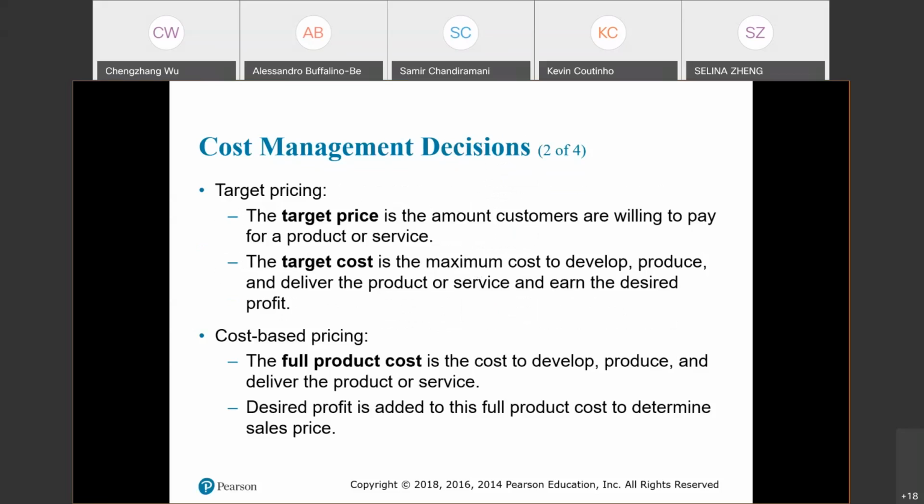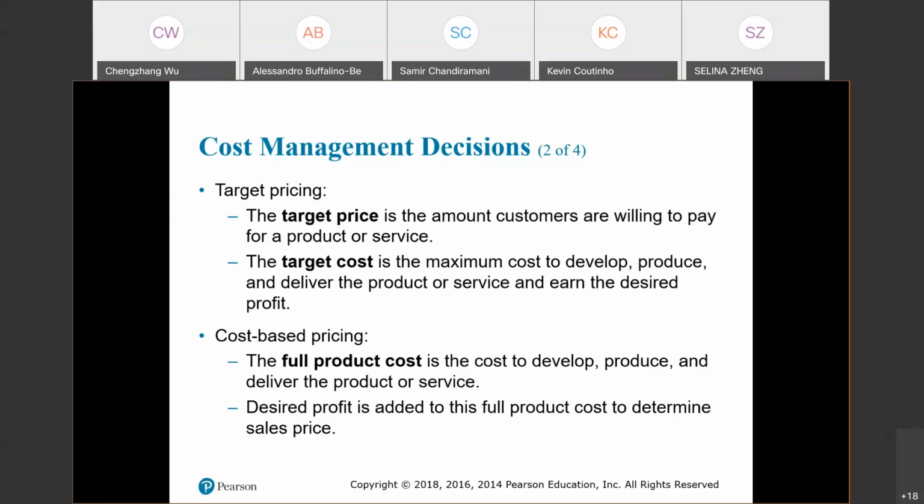The price that a customer is willing to pay for a product or service is called the target price. Companies get sales price based on target prices.